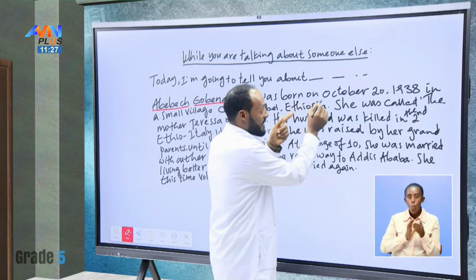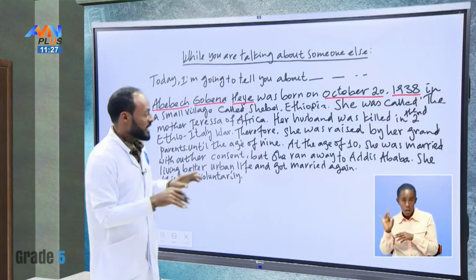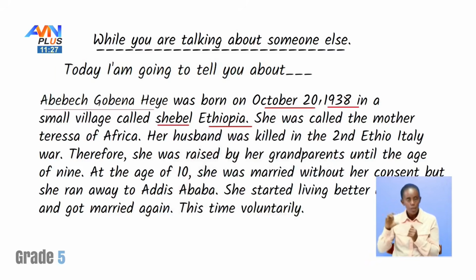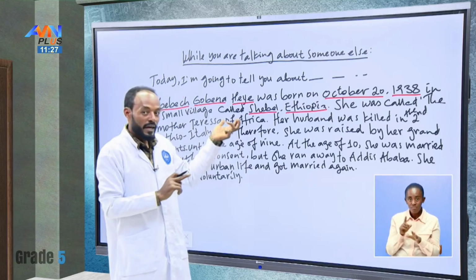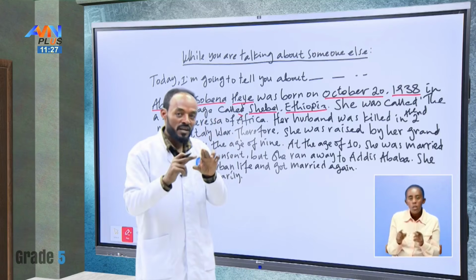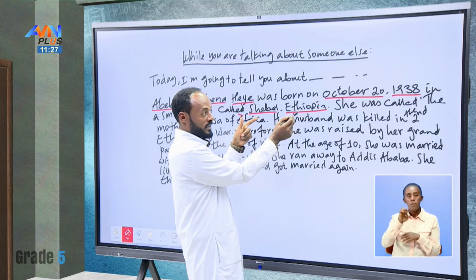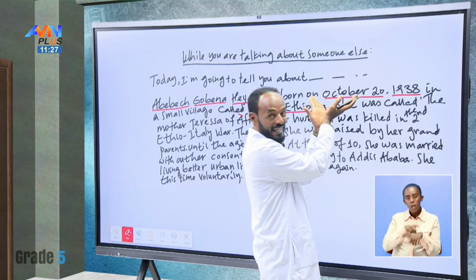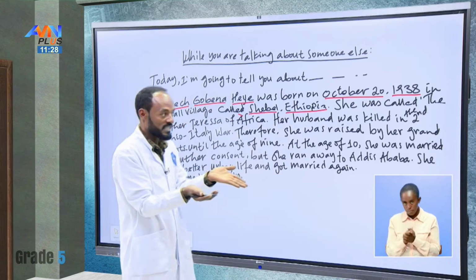Was born on October 20 in 1938 in a small village called Shebel, Ethiopia. Look, this one is the introduction because we raised here her full name and also when and where she was born. Here, Shebel, Ethiopia. This is what? The place where she was born. What about the time or the date? October 20, 1938. Am I right? Good.